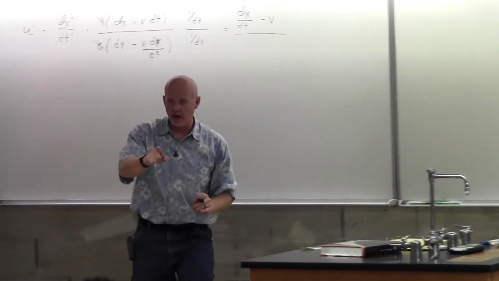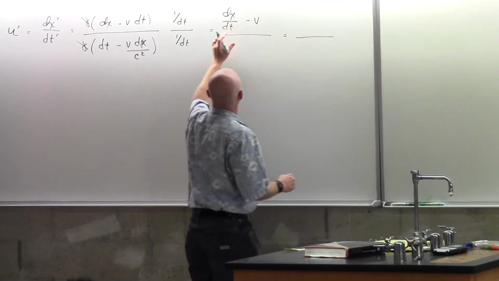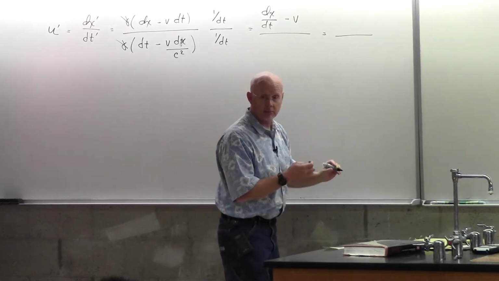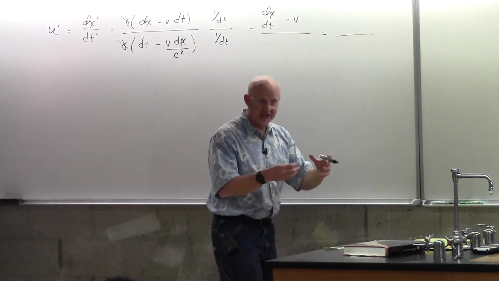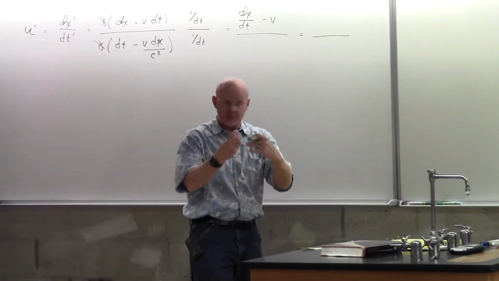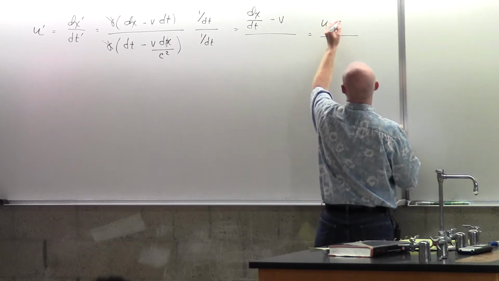Well, let me stop right there. What would you have called dx dt? That's u, right? That's the speed of the bird. Not v, right? But u. I think you guys got the right idea. It's the speed of the bird, which the symbol we are using for the speed of the bird is u. So it's u minus v.